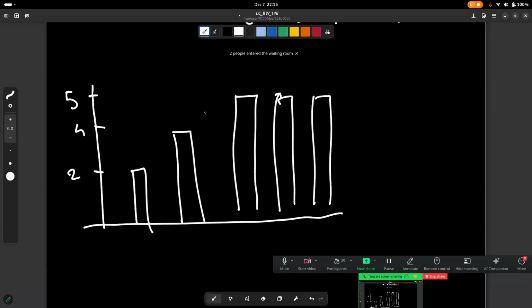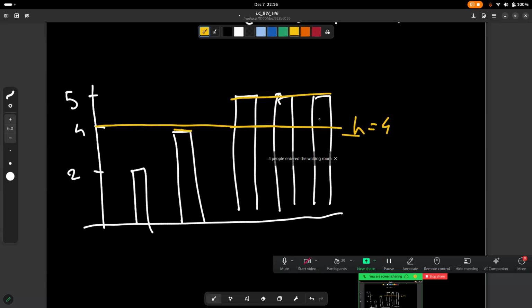In the first operation, we select a value of h equal to 4 and bring all these down to 4. And why can I do this? I can do this because there is exactly one level above h equal to 4. There are not two levels.